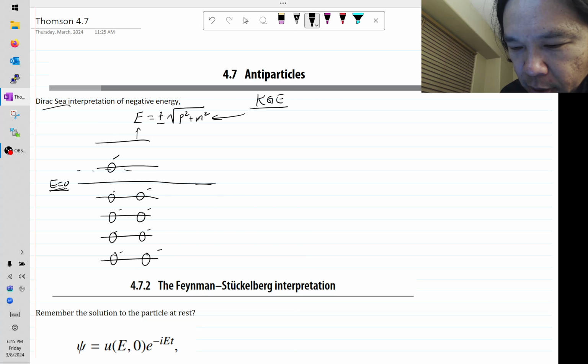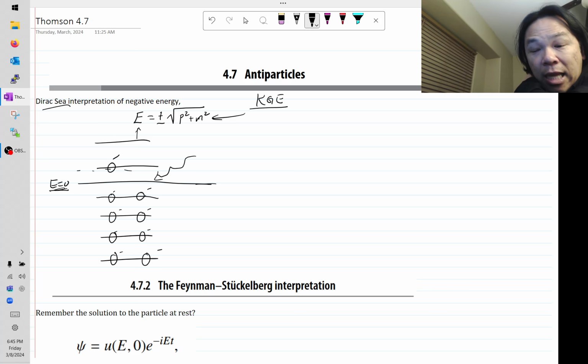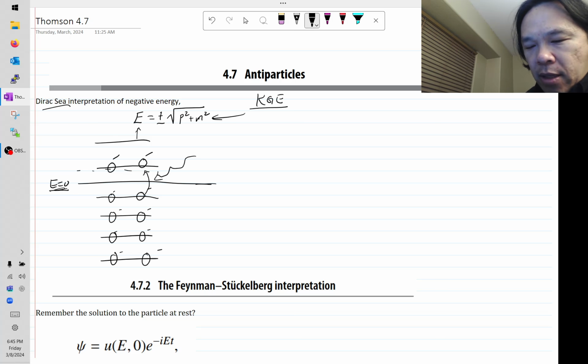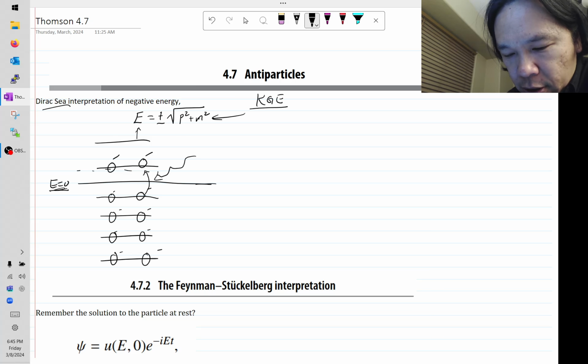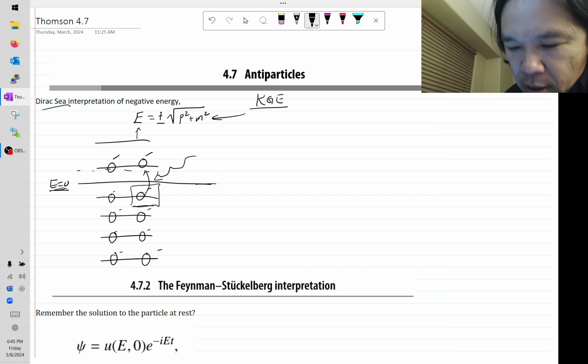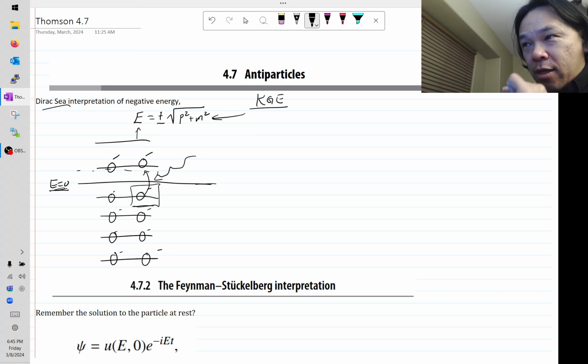Another neat thing about this is that, let's say a photon comes and excites this negative energy electron, giving it some boost of energy. Now you have a positive energy electron up here with a negative charge, and in the spot where there used to be a negative charge, those of you who remember your electrostatics, the lack of a negative charge is essentially a positive charge.